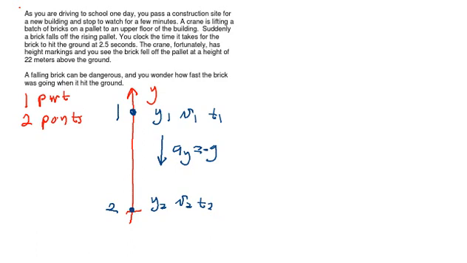One interesting thing about this problem is that the initial velocity of the brick is given to be positive. We're told that it is rising as it falls off of the pallet. So we go ahead and make our table of what we know and what we want to find. The value of y1, the initial position, is given to be 22 meters.